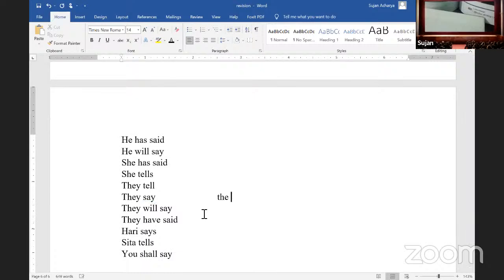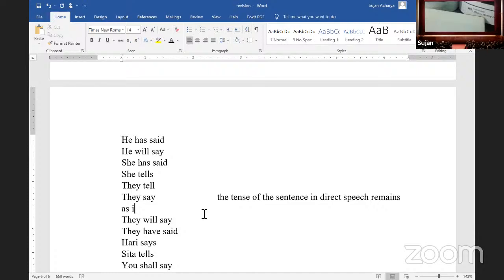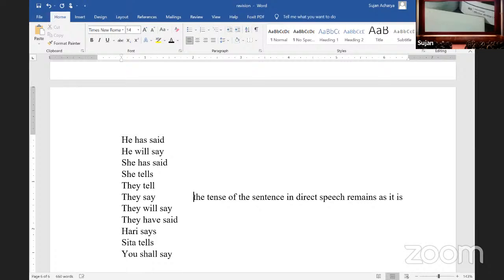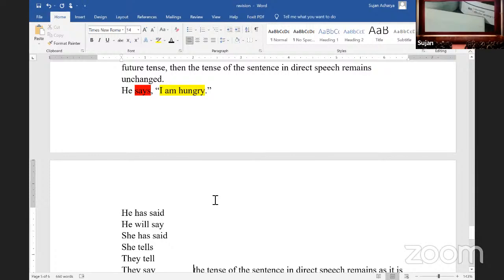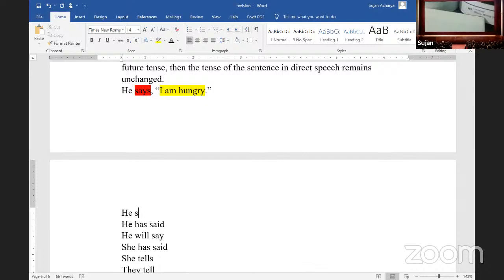The tense of the sentence in direct speech remains as it is. It won't change. If we have these reporting verbs, he says, I am hungry, he says that he is hungry. Now, not was hungry. Why?